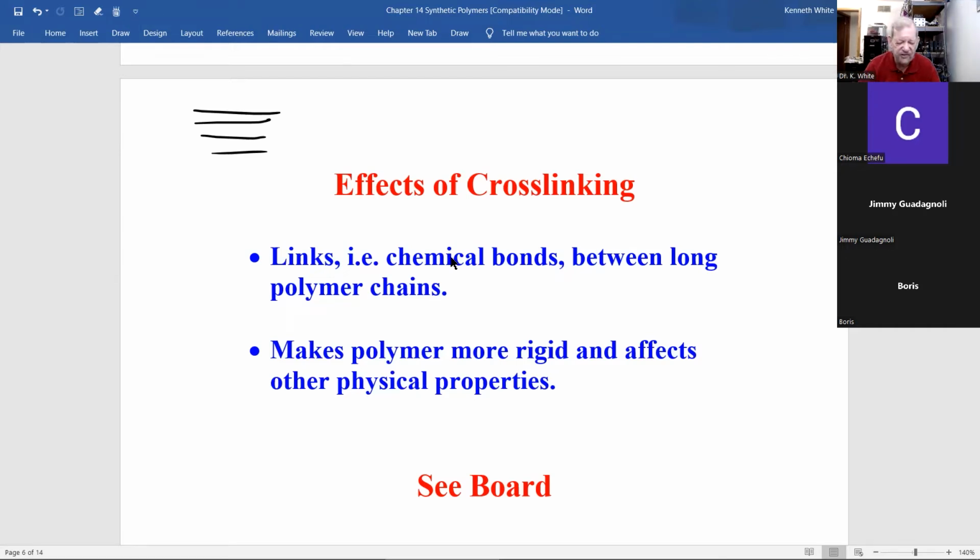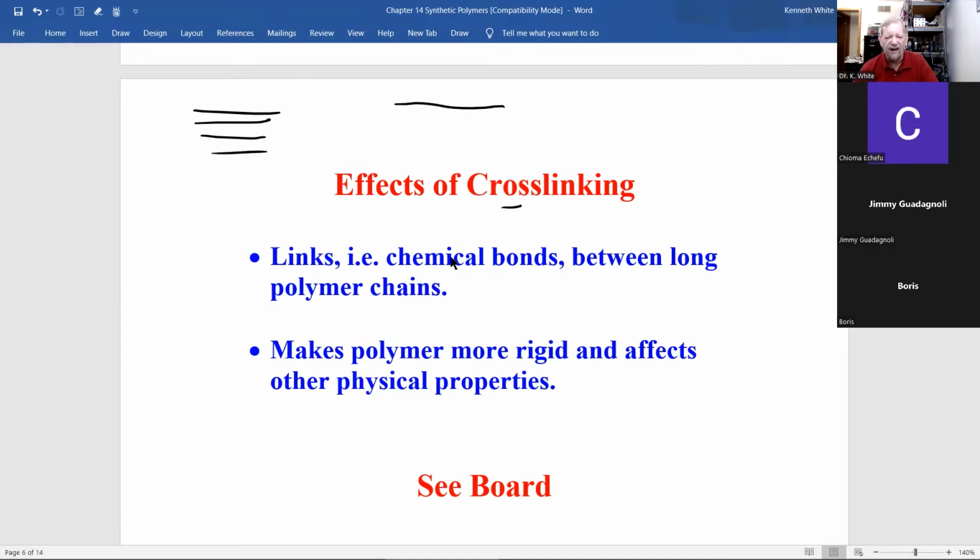Well, a number of chemists were working on this, but the person I'll tell you about was the first one to perfect it to make commercial products. And we're talking about cross-linking.